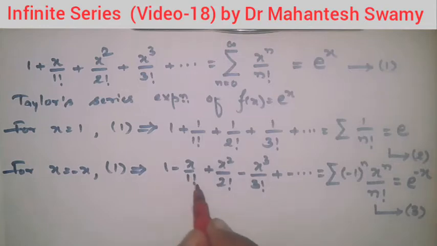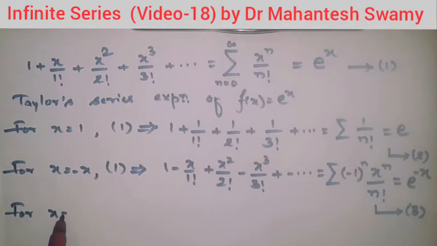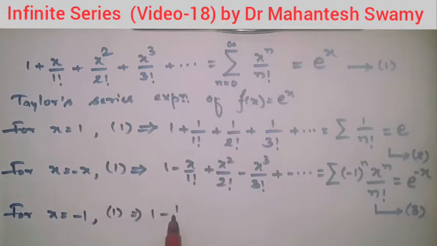Let us have a special case of this for x equal to minus 1. When x is equal to minus 1, then equation 1 implies 1 minus 1 by 1 factorial plus 1 by 2 factorial minus 1 by 3 factorial. It is very simple.